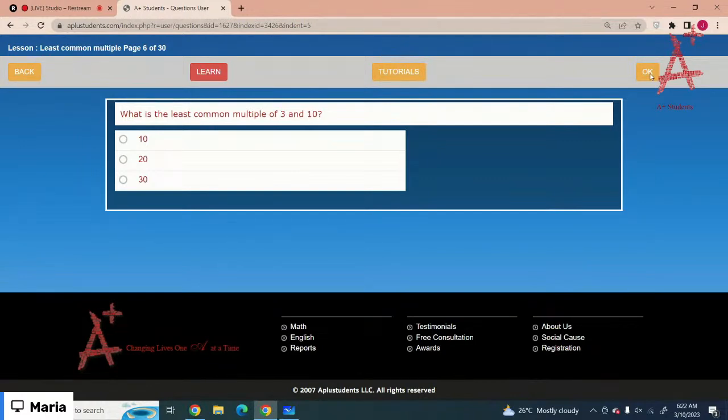You can't divide 10 by 3, you can't divide 20 by 3, but you can divide 30 by both 10 and 3. That means the LCM of both numbers is 30. Got it?